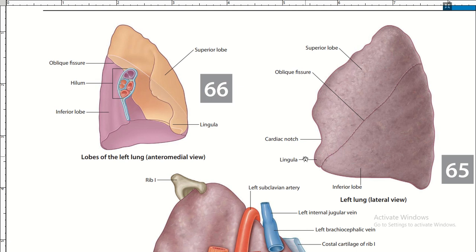The lingula is a part of the superior lobe, not part of the inferior lobe. You can see where it is. Very typical MCQ question. You understand? Good. You can see even here, your lingula is part of the superior lobe, not the inferior lobe. That's your lingula.